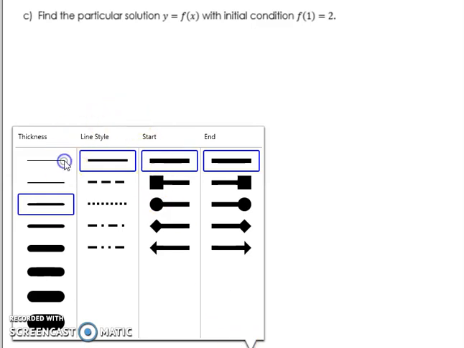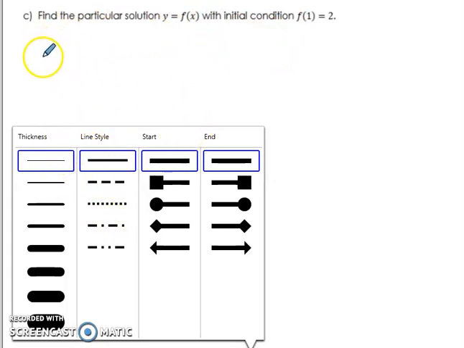Okay, so continuing with that same problem, now we have to find the particular solution, y equals f of x, with initial condition f of 1 equals 2. So whenever you see that word particular solution, what this really means is that you are going to have to do the separation of variables, and you need to get the y's on one side, the x's on another, take the antiderivative, and then since you have an initial condition, you have to plug it in and solve for c.